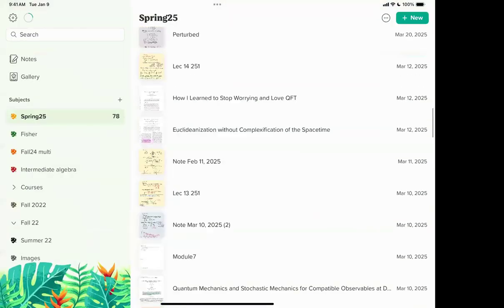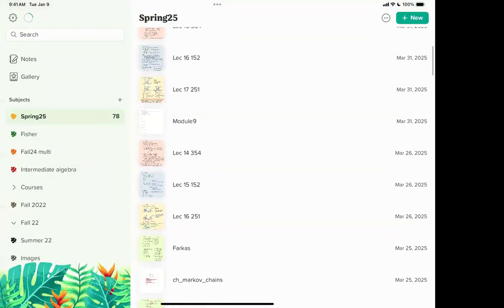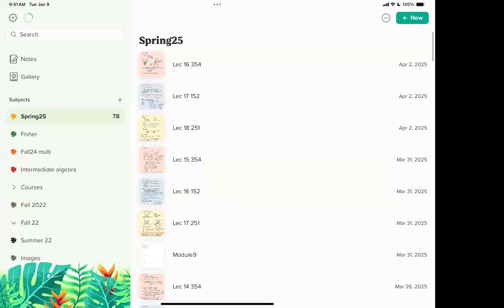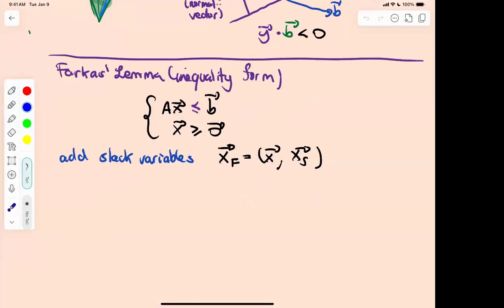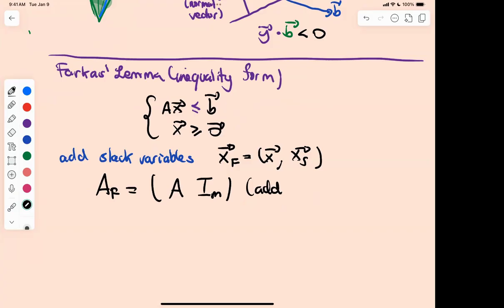So the matrix gets augmented, right? The matrix gets enlarged. By that I just mean that you add the identity matrix after A, right?